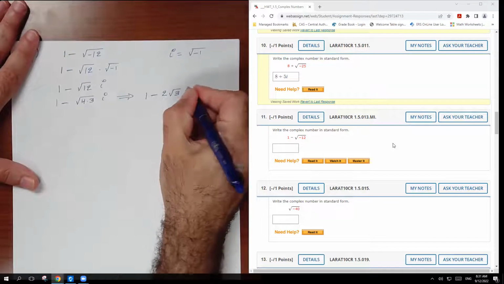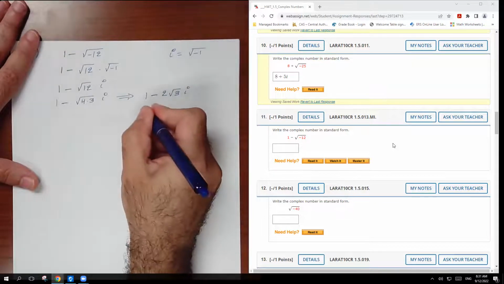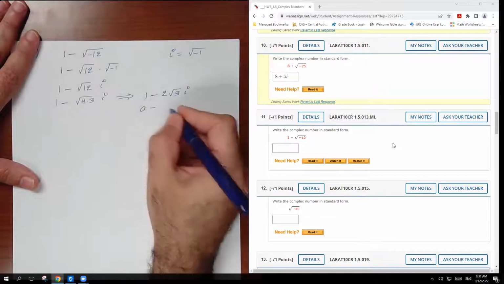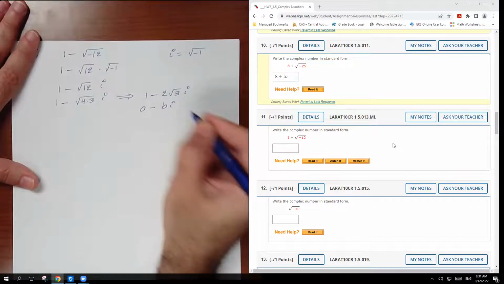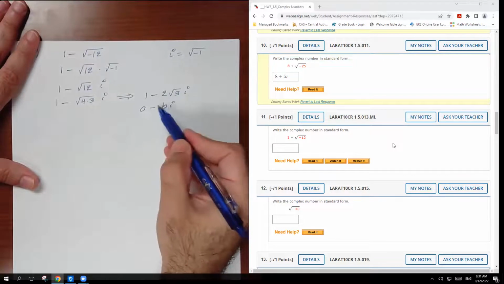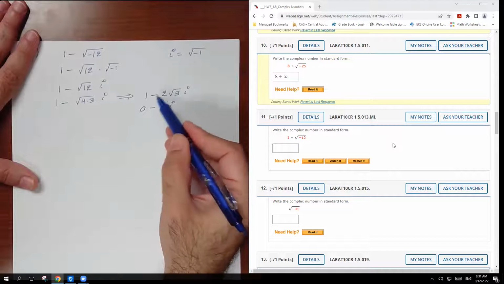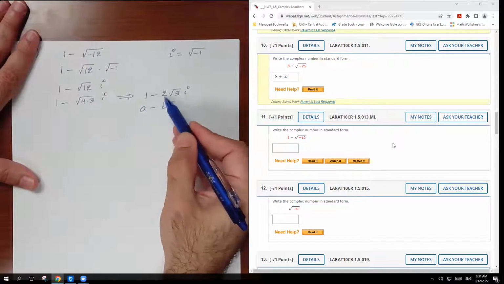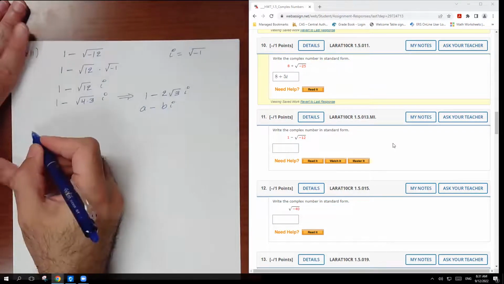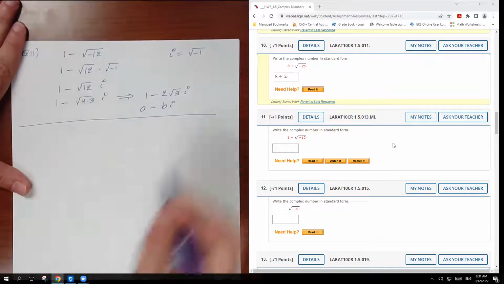Here's the i. So this is the standard form, A minus Bi. I'm not going to care about the sign in the middle because here is the real part and this one is the imaginary part. That's it for this question.